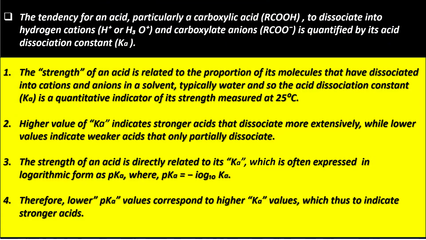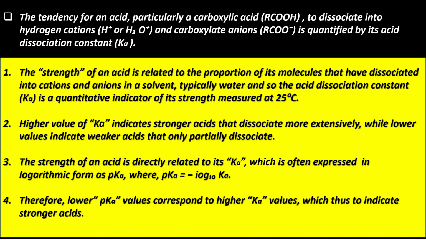The tendency for an acid, particularly a carboxylic acid, to dissociate into hydrogen ions, that is H+ or H3O+, and carboxylate anions, is quantified by its acid dissociation constant, Ka. The strength of an acid is related to the proportion of its molecules that have dissociated into cations and anions in a solvent, typically water.